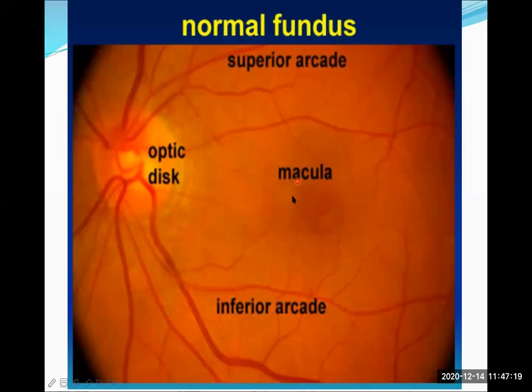This is called the macula. Macula is the area from where we get the sharpest vision. We call it acute vision. The sharpest vision is possible because of the macula. This is also known as the fovea centralis. This inferior arcade is the branch of the blood vessel which is going inferiorly.